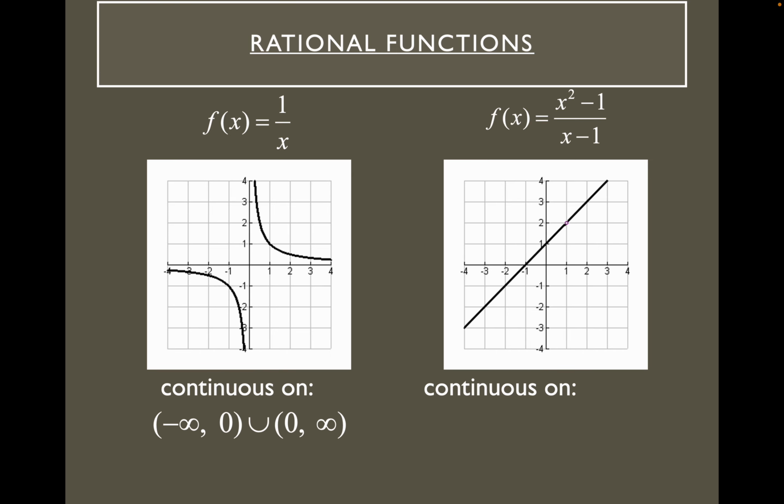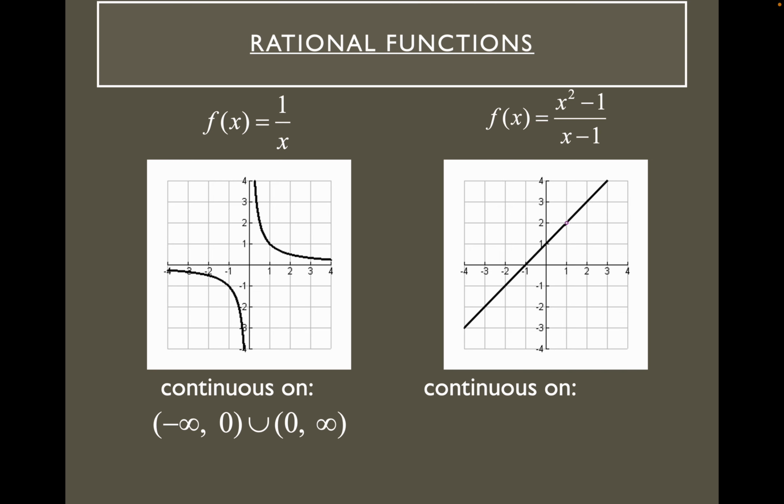So therefore, we say be fancy. The first graph is continuous on two parts. U stands for together, the union. The left piece of the graph will be that domain, aka my x value from small to big, negative infinity to 0. And the right side of the graph will be from 0 to positive infinity.